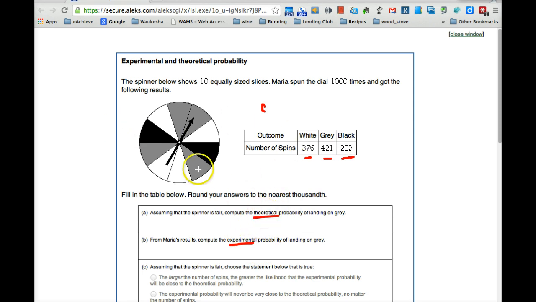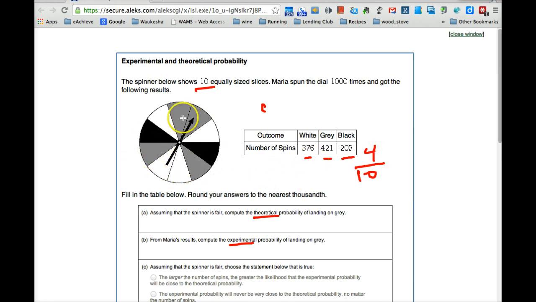So for the theory part, we count up how many slots are in this circle, or the spinner, and we see that there are 10 slots. Then we count up how many different colors there are. There's white, so there's 4 white. The theoretical proportion of landing on white would be 4 out of 10.